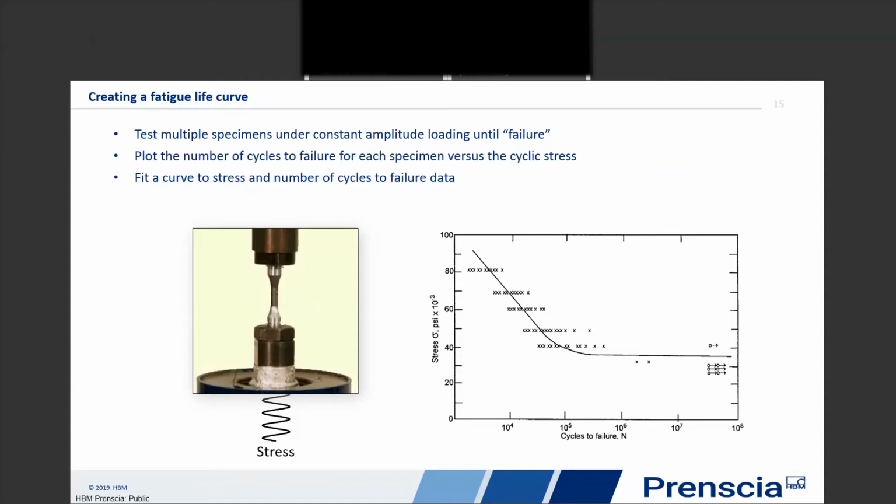What we do today primarily is test materials. So we go off and we make identical specimens of our material, and we test these as close to perfect specimens as possible to failure.